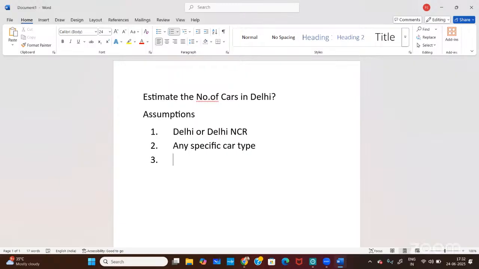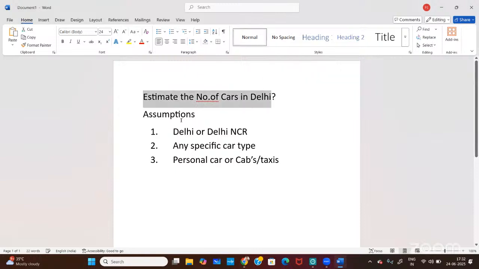And the third: whether it is a personal car, or whether it is a cab or a taxi. So before solving this question, we'll have three assumptions.